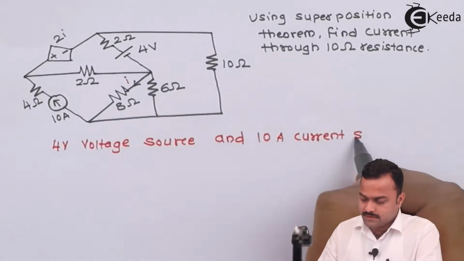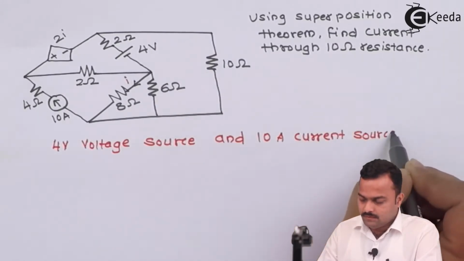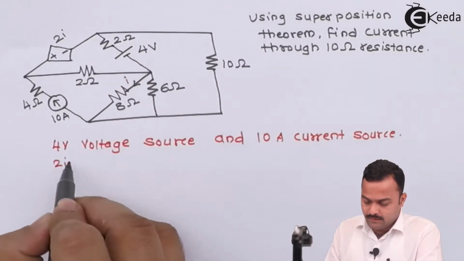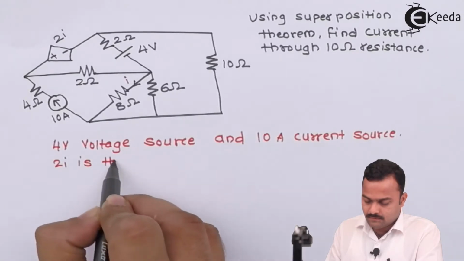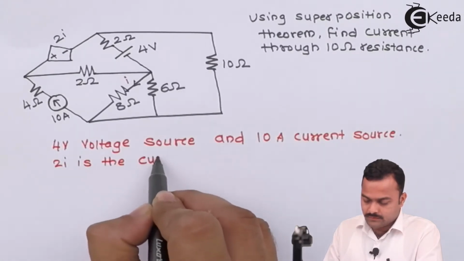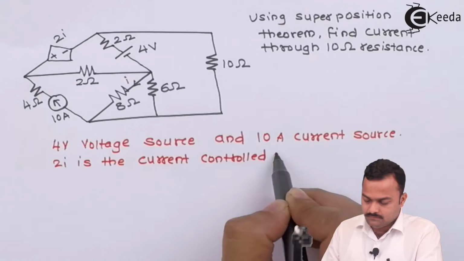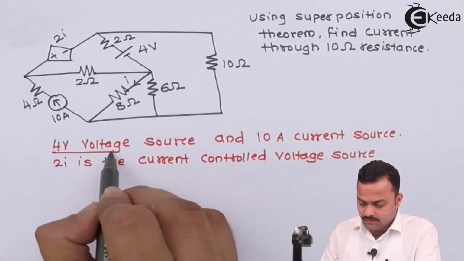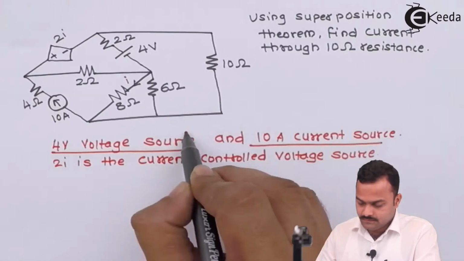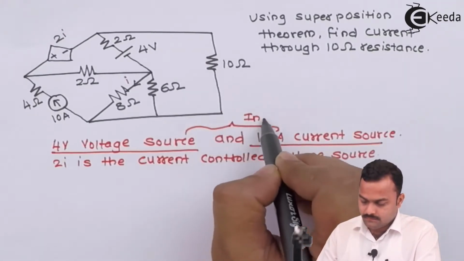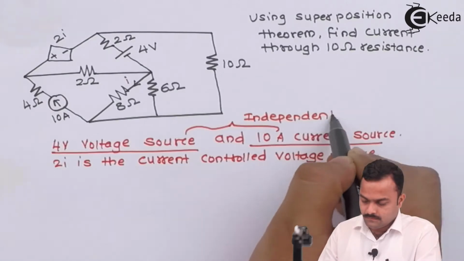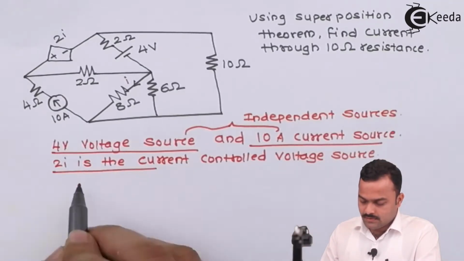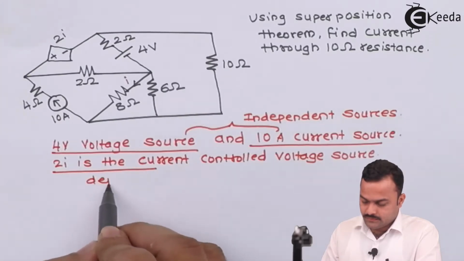Remember, we have just considered the independent sources, and 2I is the current controlled voltage source. So these two are independent sources, whereas 2I is the only dependent source.